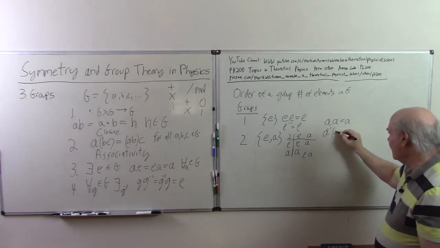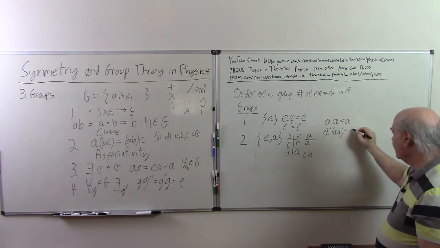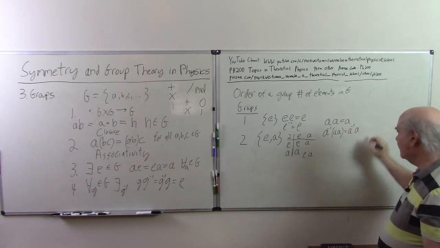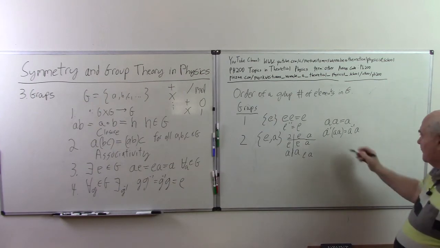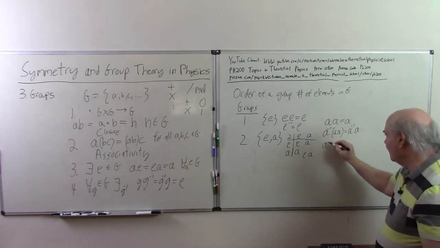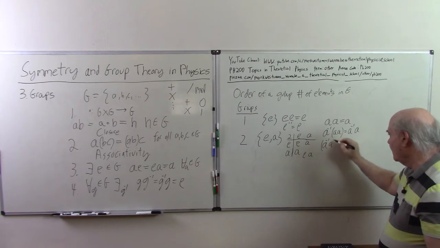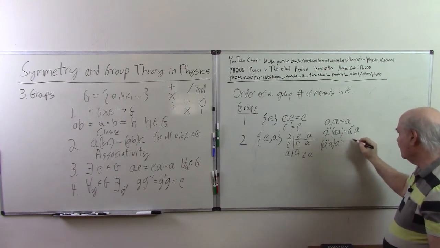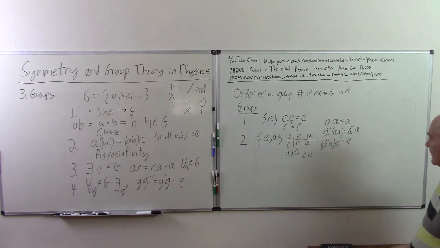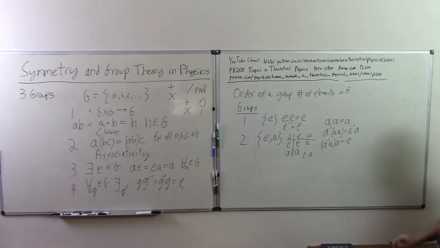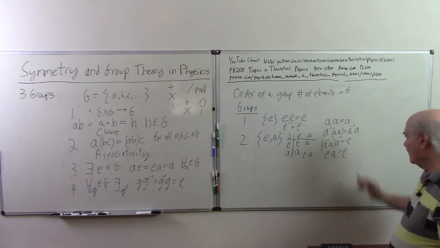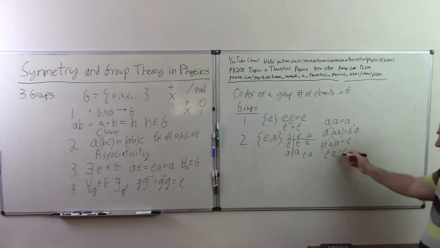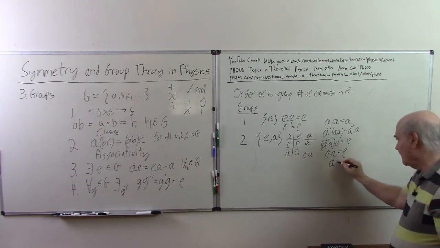A inverse AA equals A inverse A, using the fourth axiom. Now, using the associative law, this becomes A inverse A equals E, because A inverse A by definition is E. Now we get EA equals E, but EA is A, so we get A equals E.